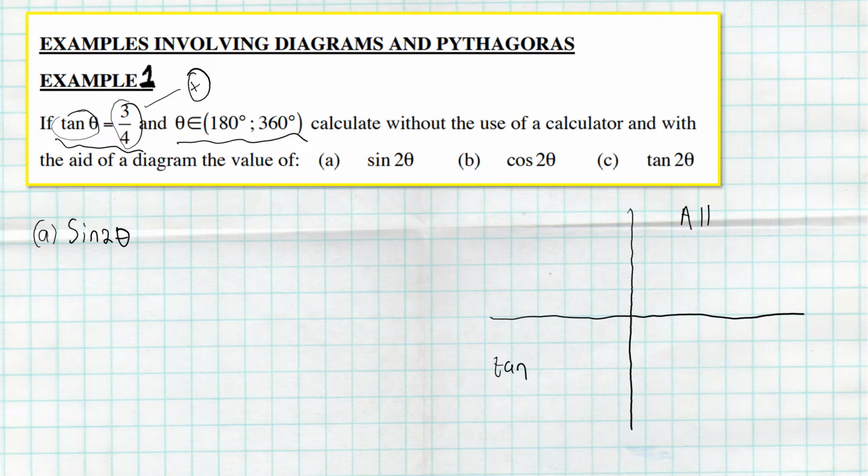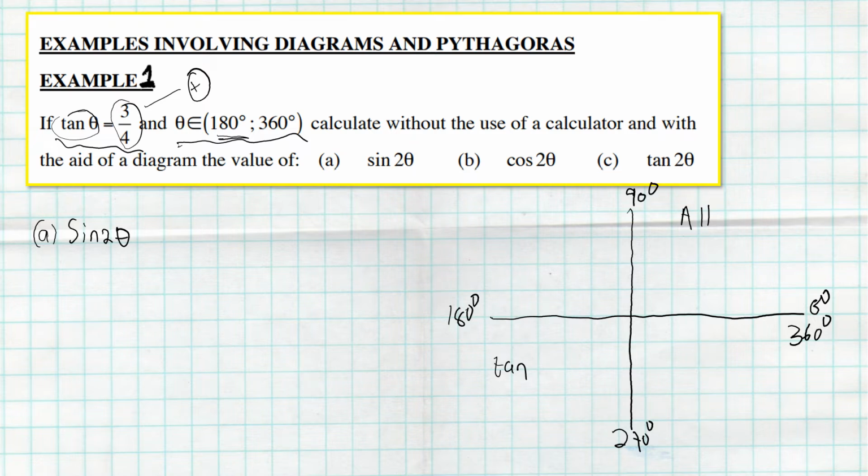So this other given information will now give us the quadrant where we're going to sketch our triangle, right? They're saying theta is an element of 180 degrees to 360 degrees, and we know that here is 180, this is 270, and this is 360, also 0 there, and also 90 here, right?